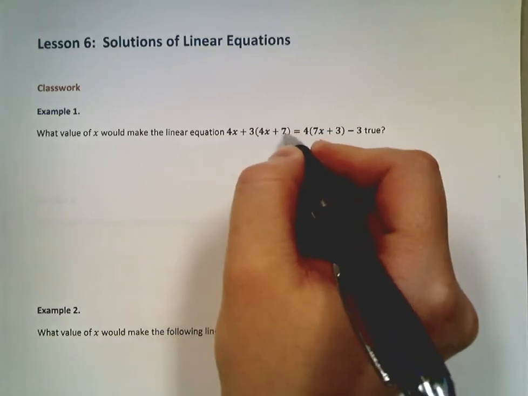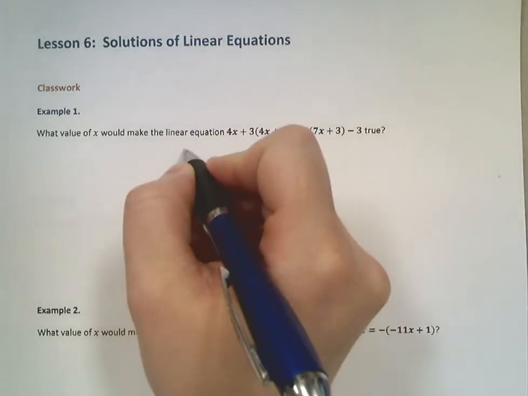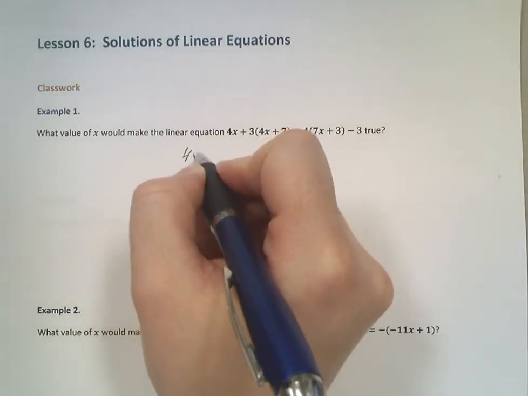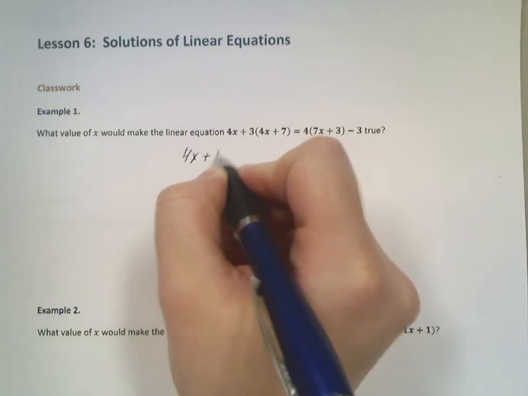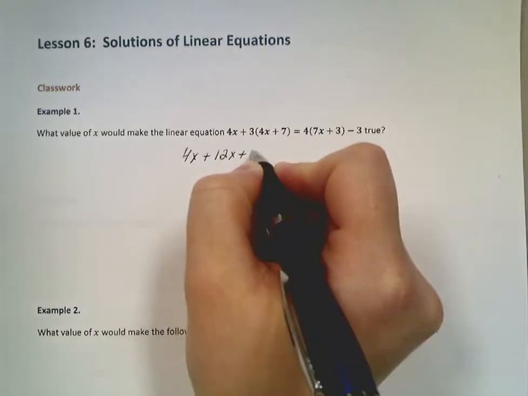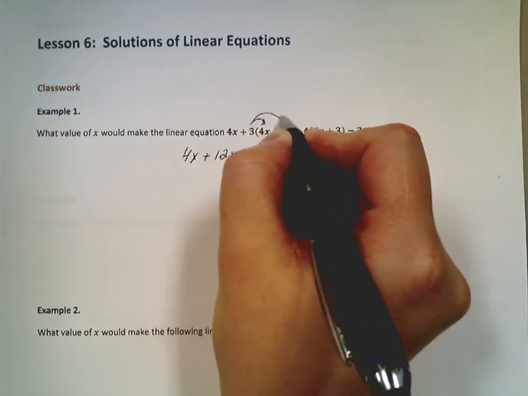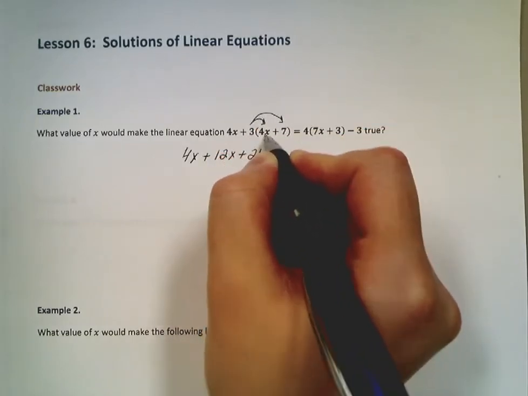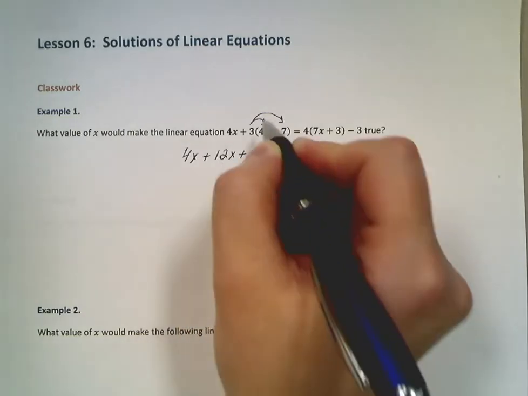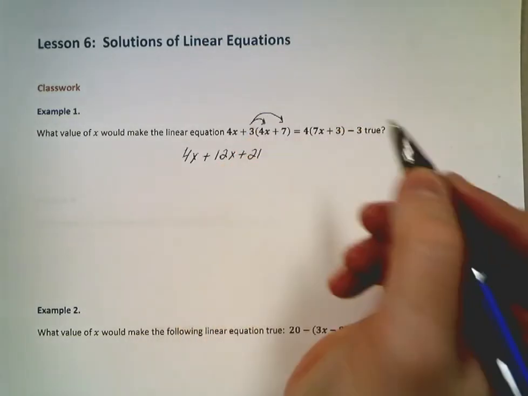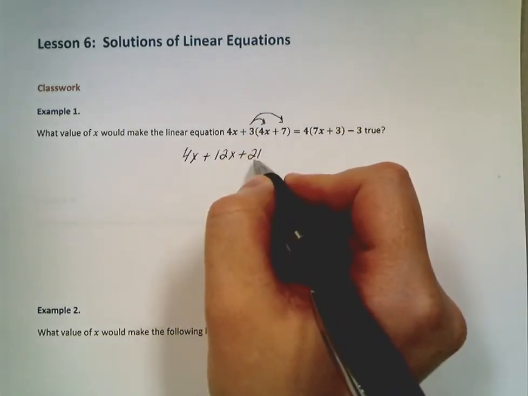4x plus 3 times 4x plus 7, I'm going to rewrite as 4x plus 12x plus 21, because when I apply the distributive property, I need to multiply 3 by 4x, which will result in 12x, and 3 times 7, which will be 21. Okay?